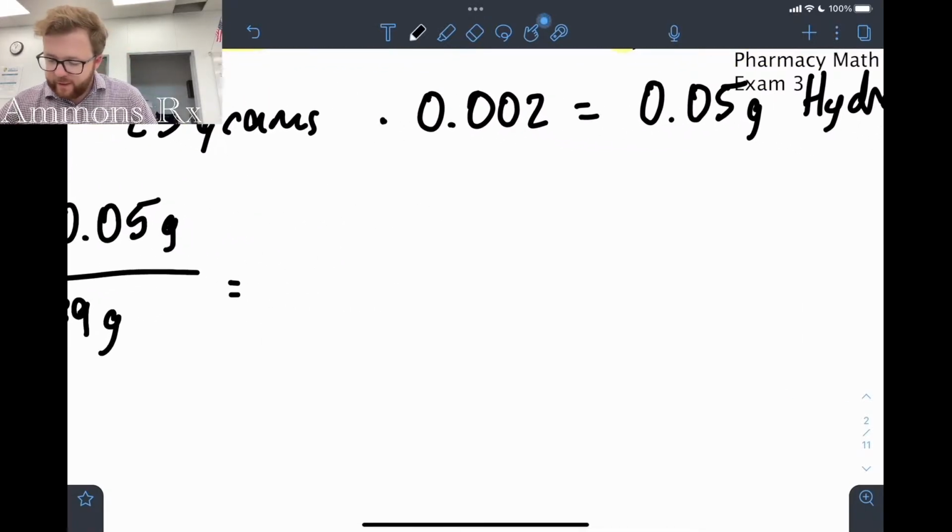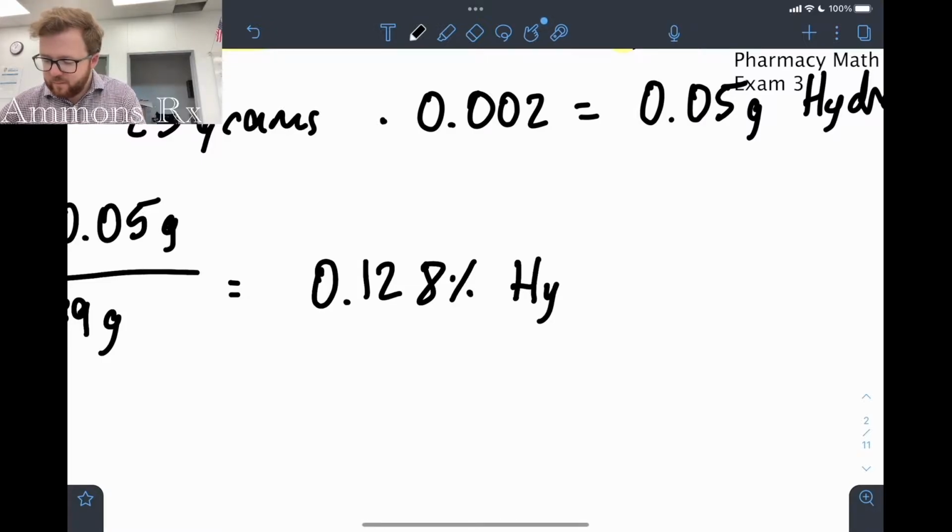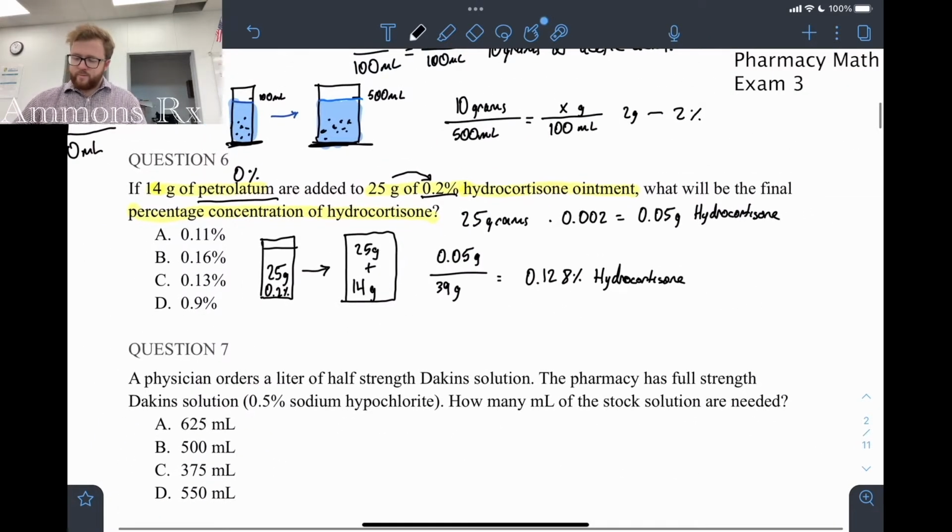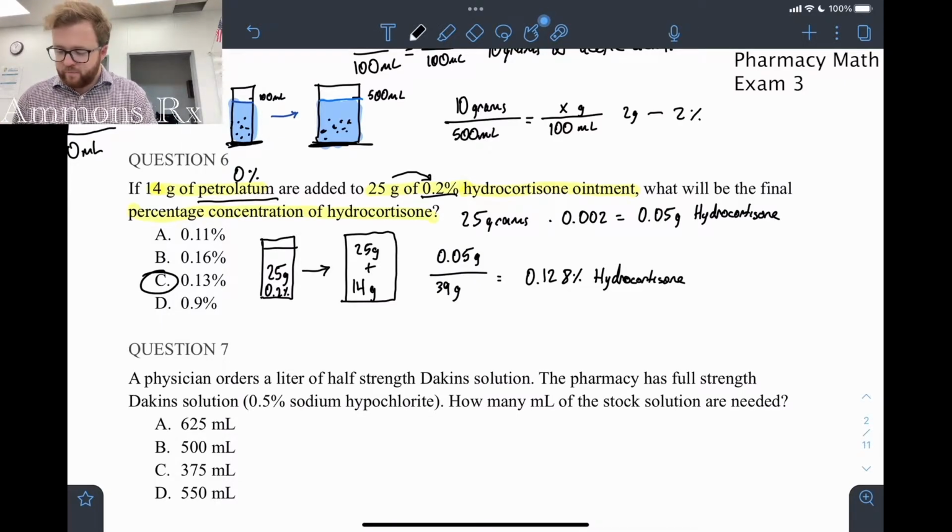That turns into 0.128% hydrocortisone. 0.128, we'll call that 0.13. Okay, so it makes sense because we started with 0.2 and we just diluted it. We added that petrolatum, and so it's going to get smaller.